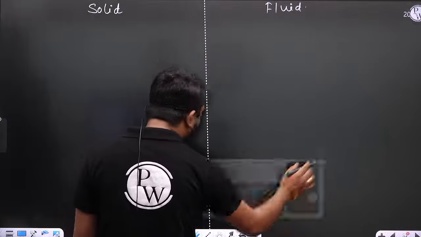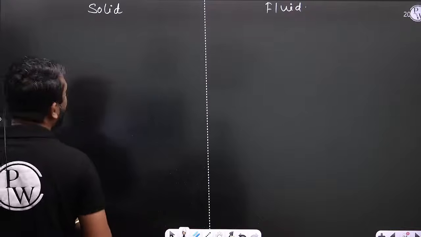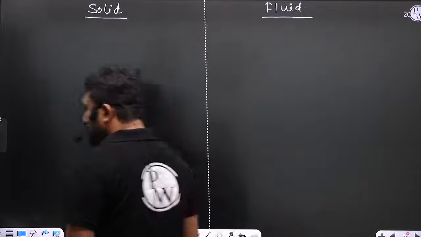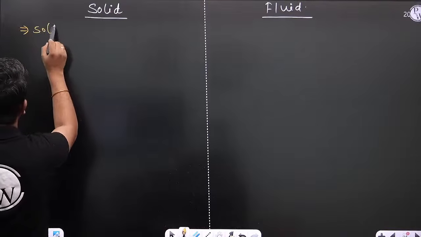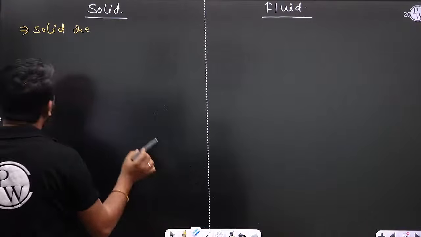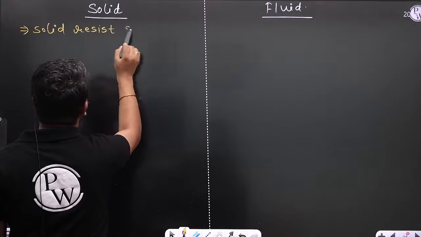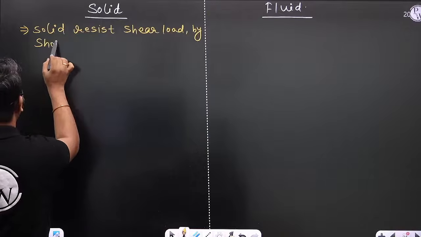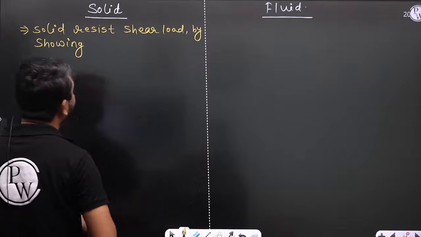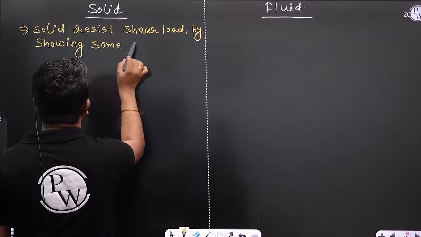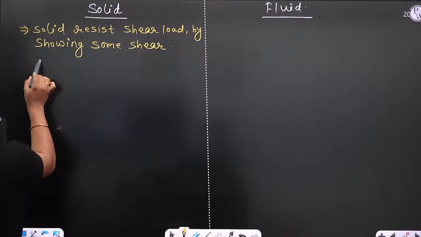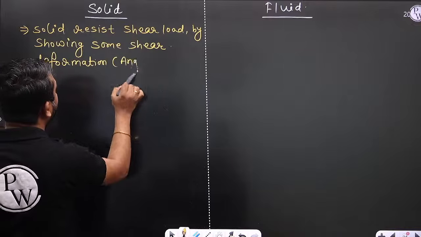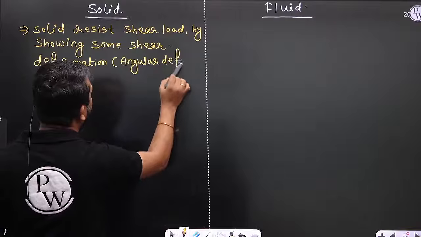Solid resists shear load by showing some shear deformation, or you can say angular deformation. Shear deformation is also called angular deformation.